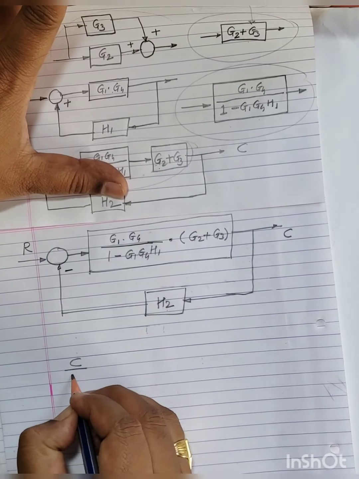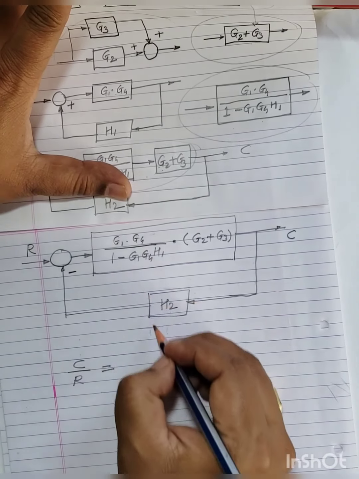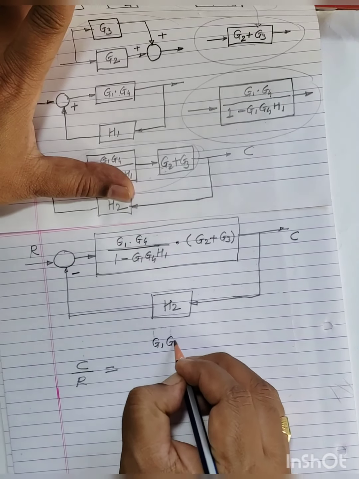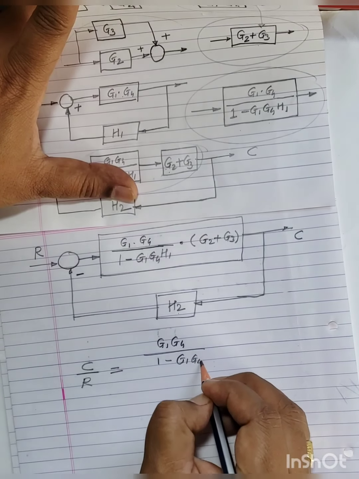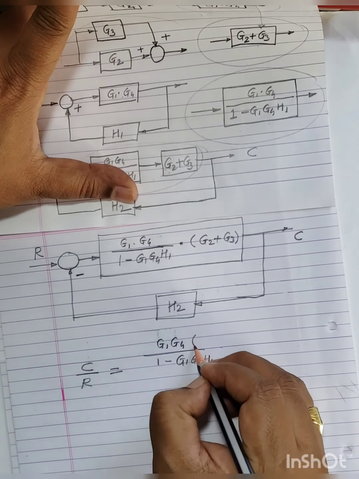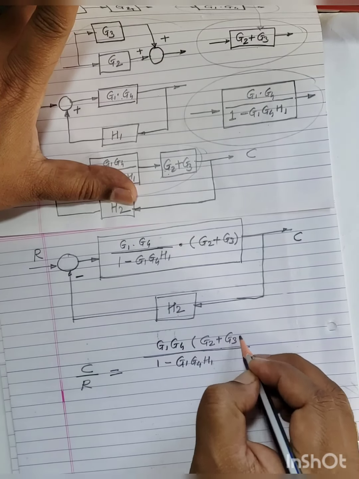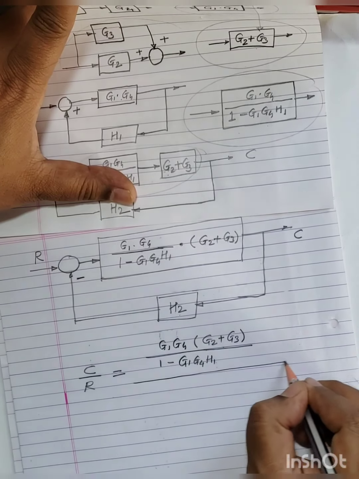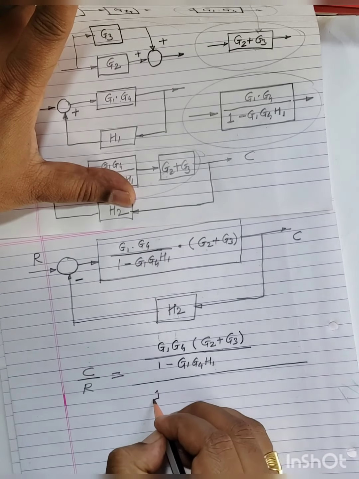Output C upon input R is equal to, first I will write down this block as it is, G1 G4 upon 1 minus G1 G4 H1 into G2 plus G3 all together, divided by, again I will write down first one.